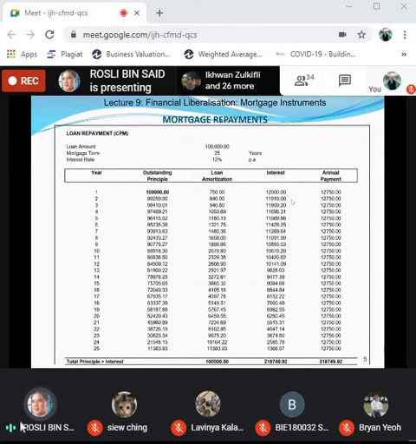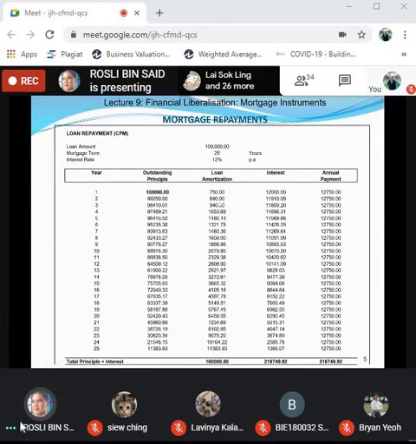So the interest that we are supposed to pay in year two is 11,910, and then the balance after we deduct from 12,750 is 840 ringgit.